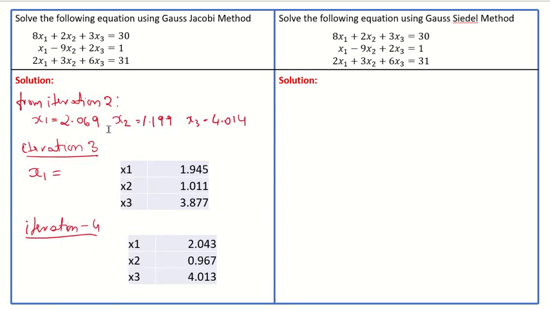And in iteration 3, x1 is 1.945, x2 is 1.011 and x3 is 3.877. Further, when you go to iteration 4, the difference between these two has reduced for the x1 value.